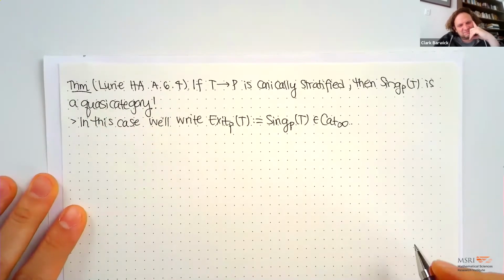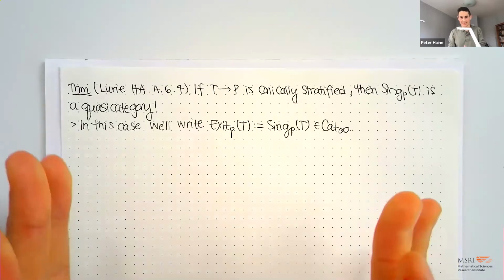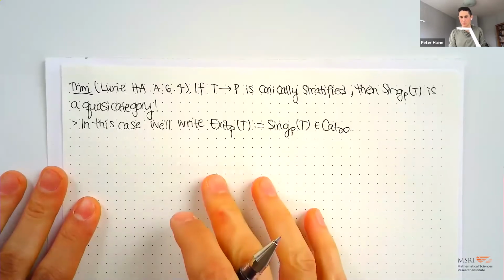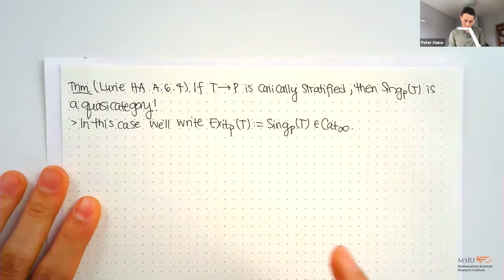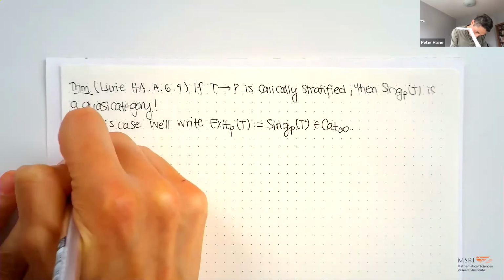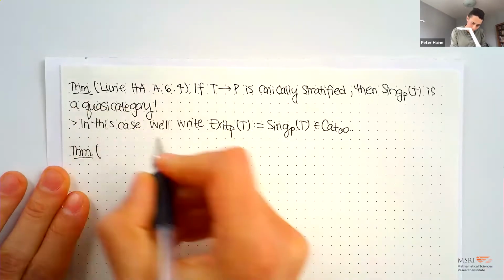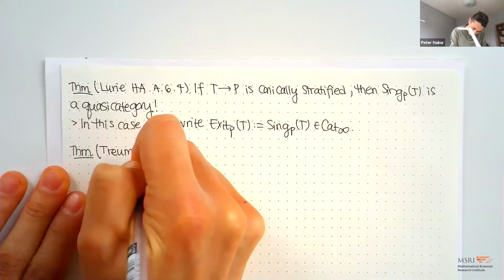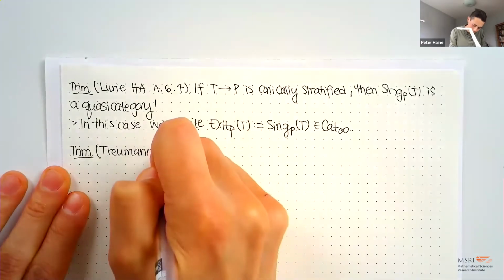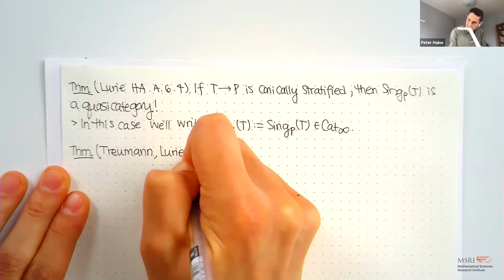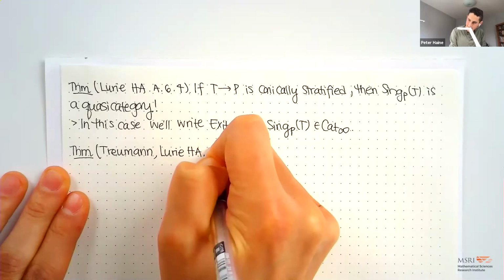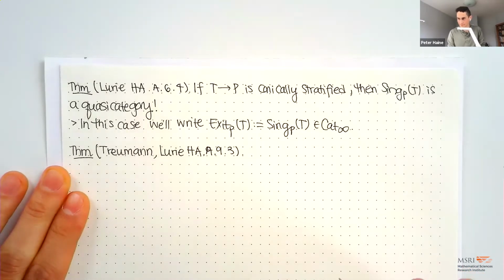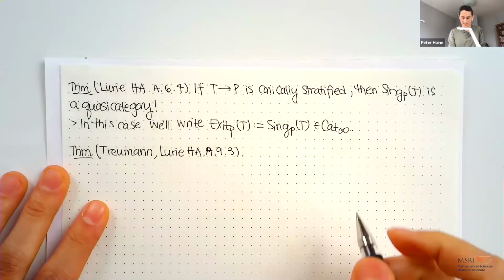So okay. After this hour and 45 minutes or something, we finally have enough to actually state the theorem in this setting. So here's the theorem. In a weaker form, this was proven by David Treumann, and in the form I'm stating it, it's due to Lurie, 0.9.3. There are going to be some topological conditions.